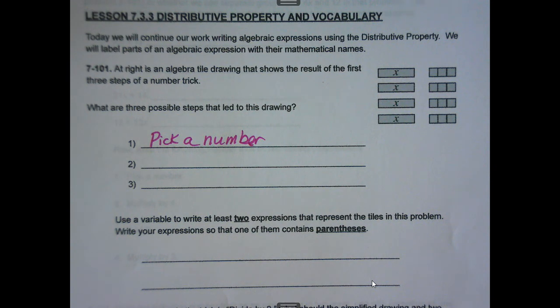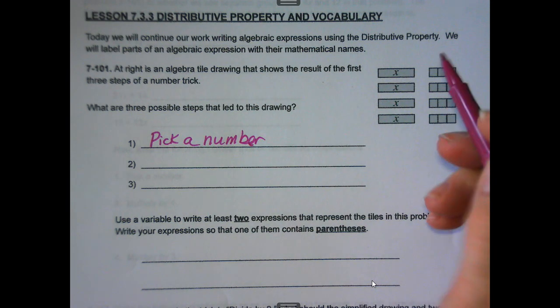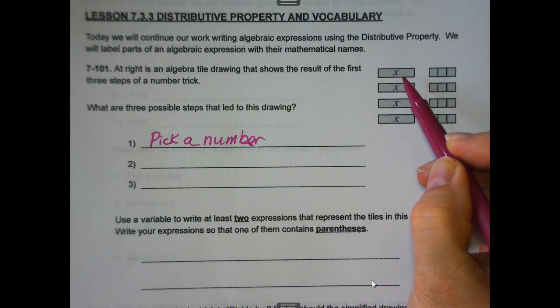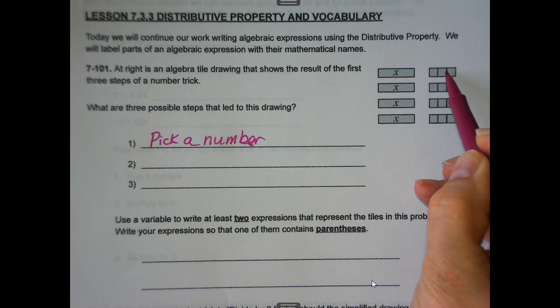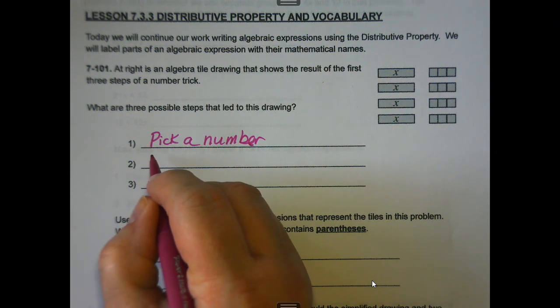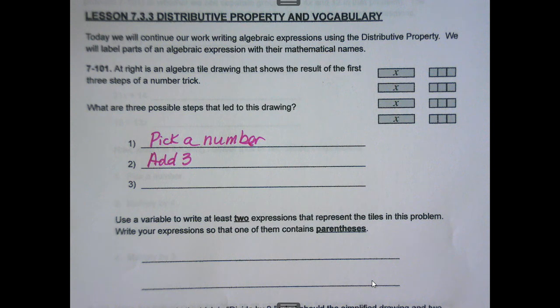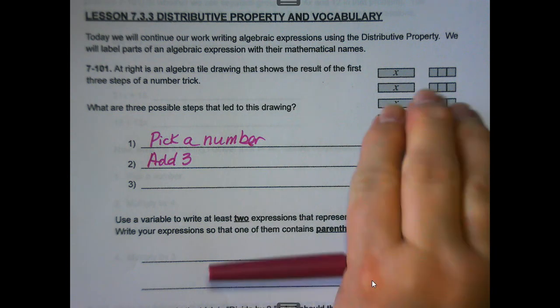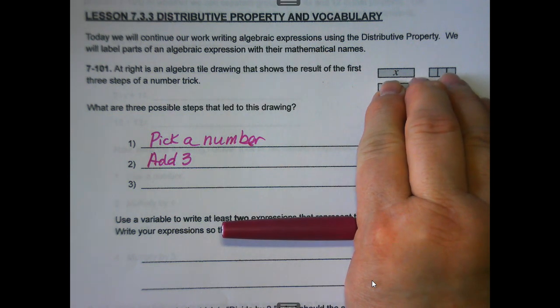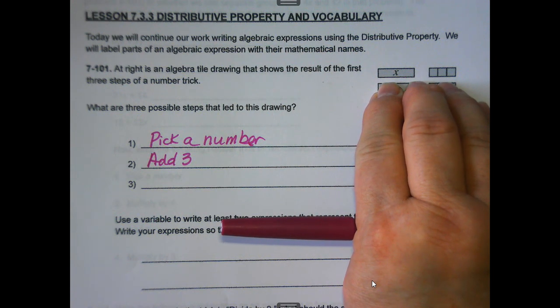And when I'm looking at this, after I pick a number, it looks like I could add 3. So I could say add 3. If I just looked at that part of my picture, that is what step number 2 would show us.